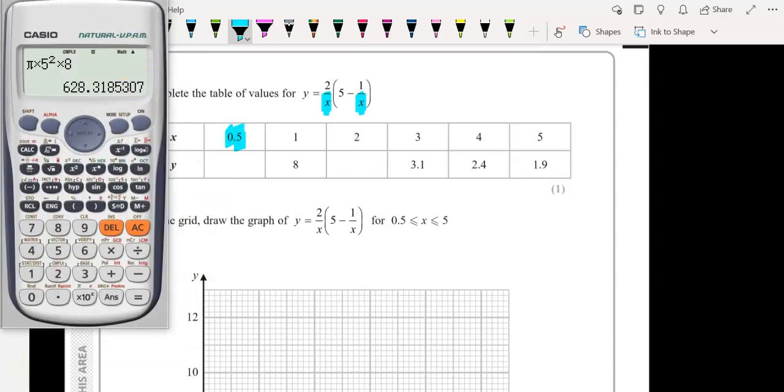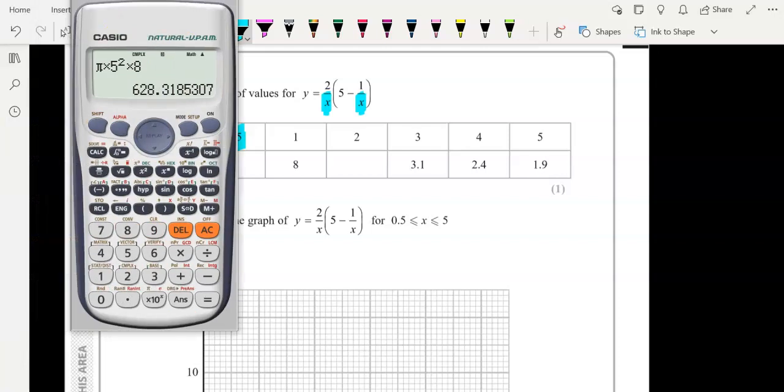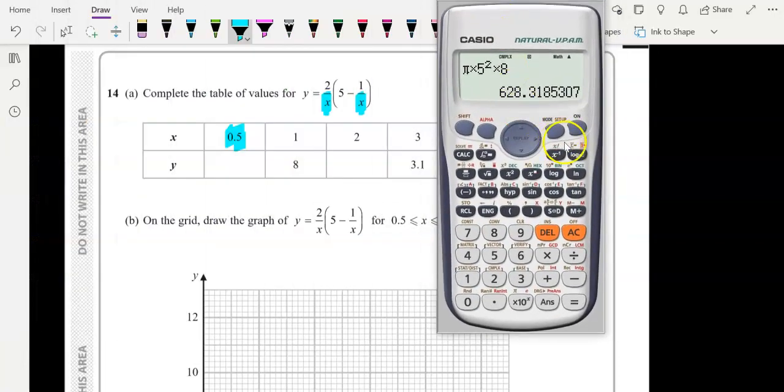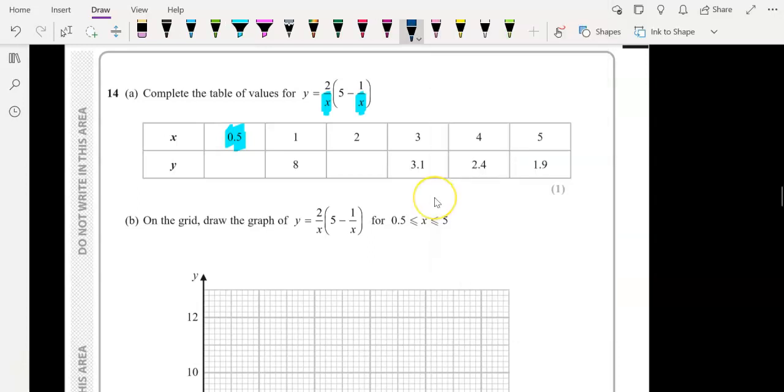So let's substitute the values. So I have 2 over x. In place of x, we will put 0.5, bracket 5 minus 1 over 0.5. Close the bracket. I get the answer 12. So my first value of y is 12.